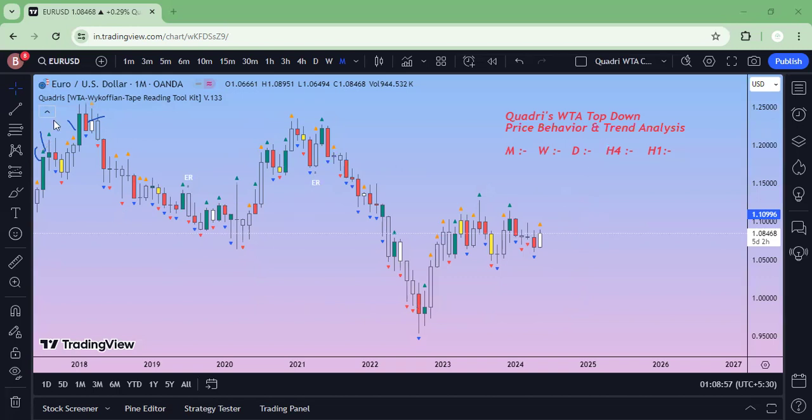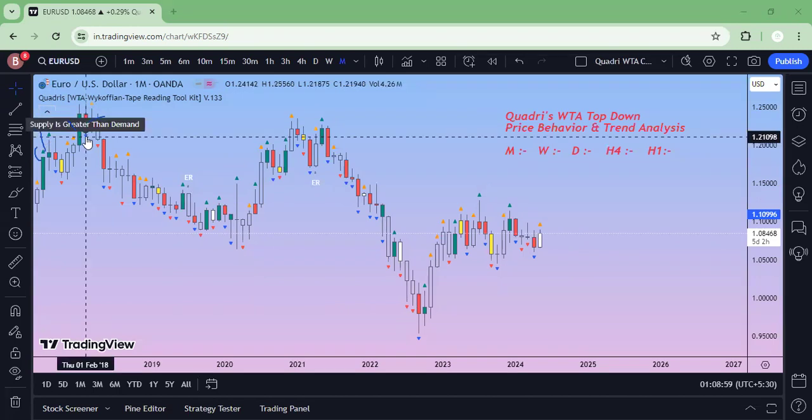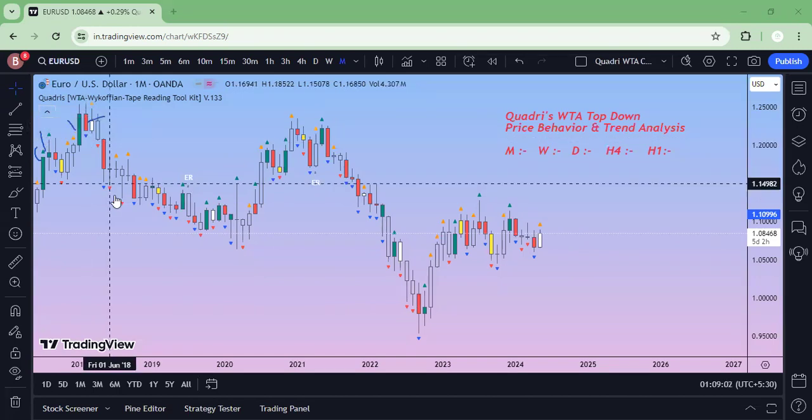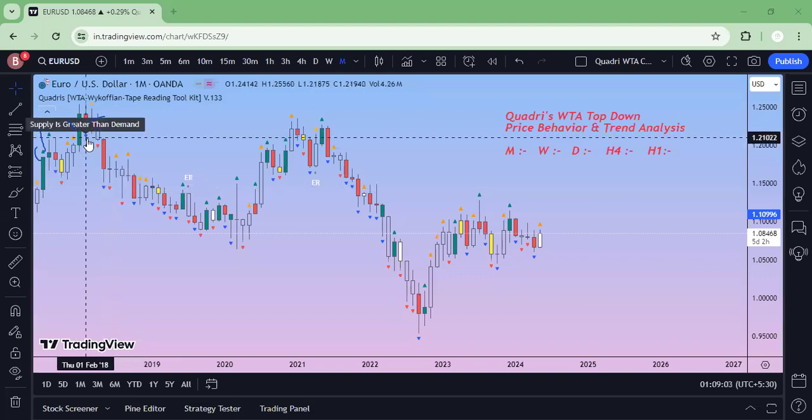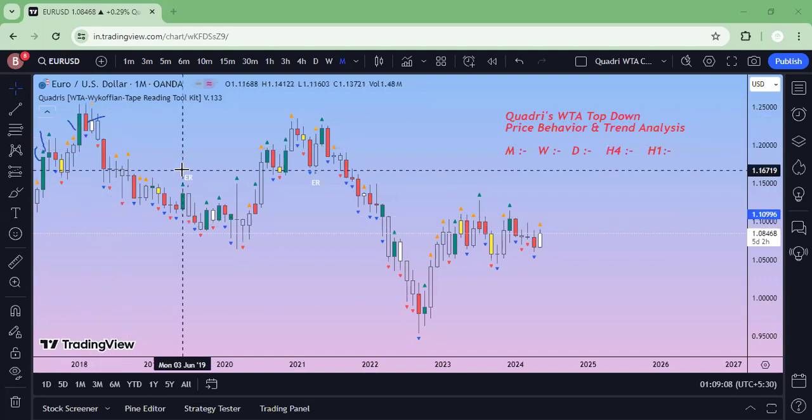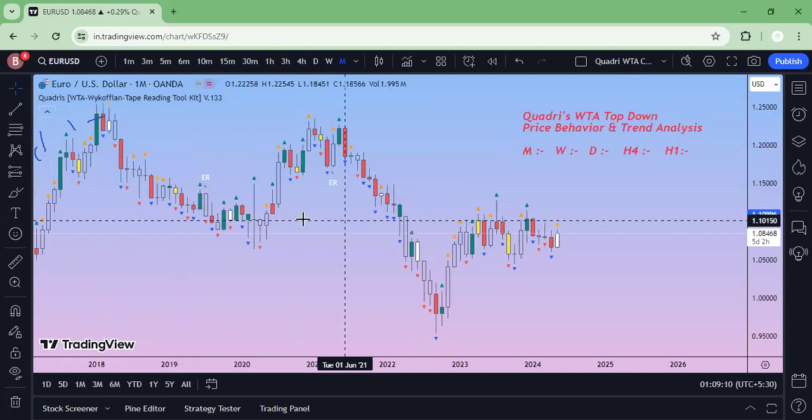To assess that, if you hover your mouse over the supply on the triangles or on the edge of the triangles, you will see supply is greater than demand. Especially for those people who have bought this tool of mine, this is a way you can use it.